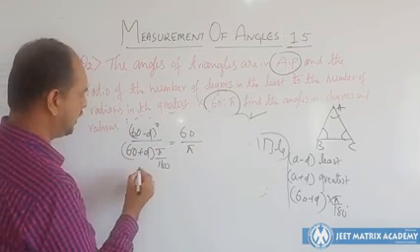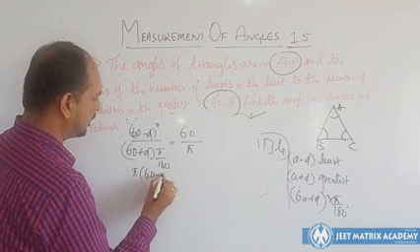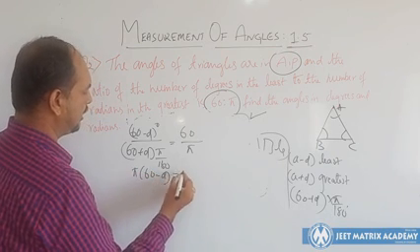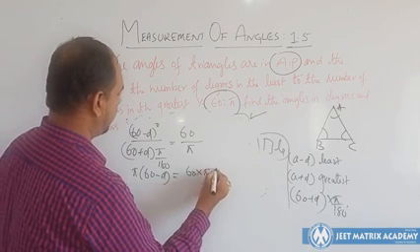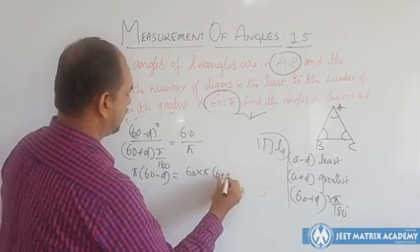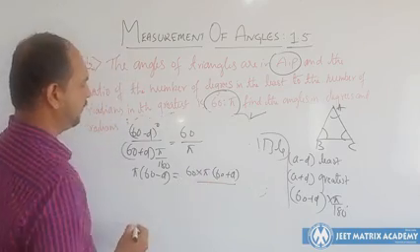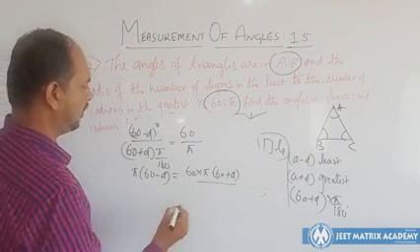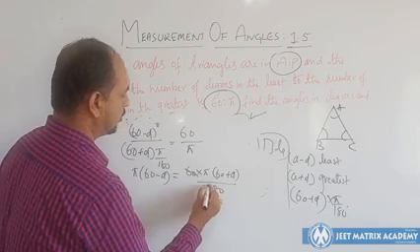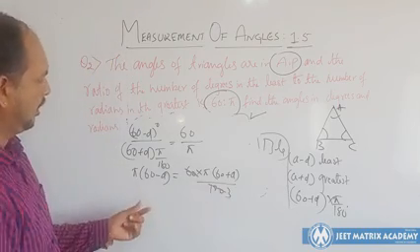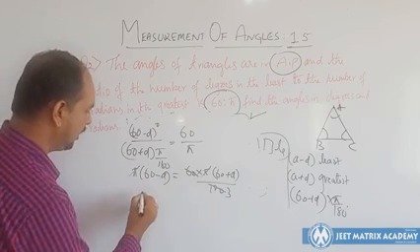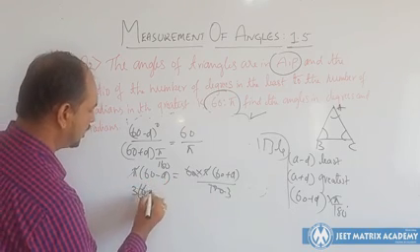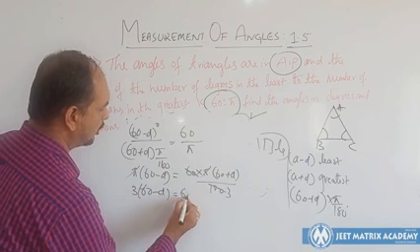Cross multiply: 5 into 60 minus D equals 60 into 5 times 60 plus D divided by 180. Now this 5 will cancel, so 3 multiplied here: 3 into 60 minus D equals 60 plus D.